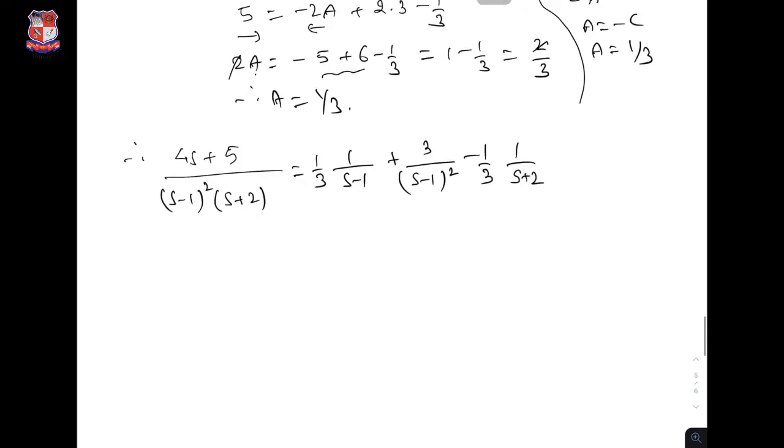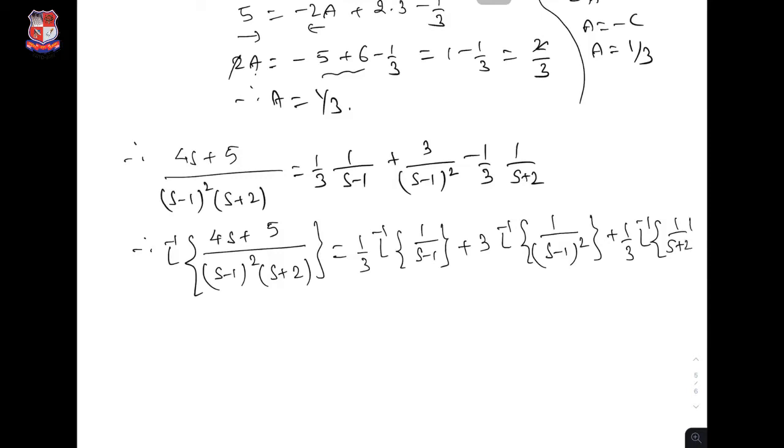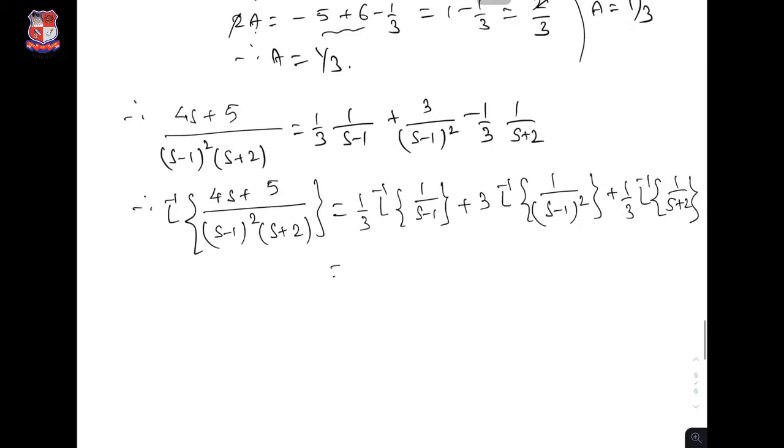So this is our partial fraction, and therefore the inverse Laplace transform of 4s plus 5 over (s minus 1) square (s plus 2) equal to 1 by 3 inverse Laplace of 1 upon s minus 1, plus 3 inverse Laplace of 1 upon (s minus 1) square, plus 1 by 3 inverse Laplace of 1 upon s plus 2.